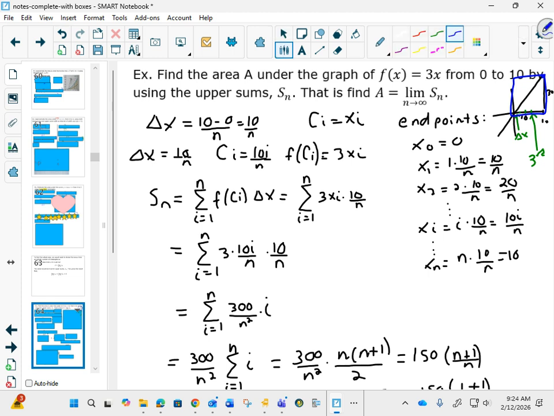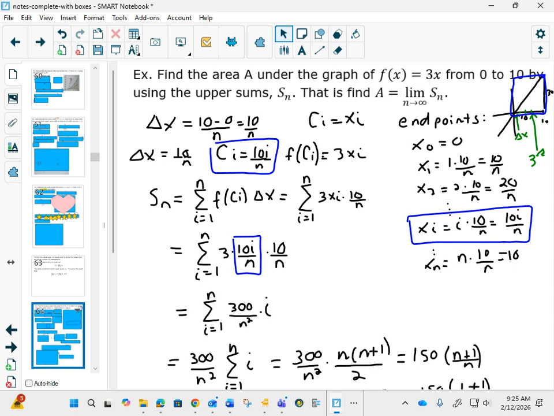And what we're really looking at here is that xi is i changes of x over, which becomes 10i over n. So it's just getting that pattern to figure out this common one. Because we use that common one right here, and then it gets plugged into the equation right there.